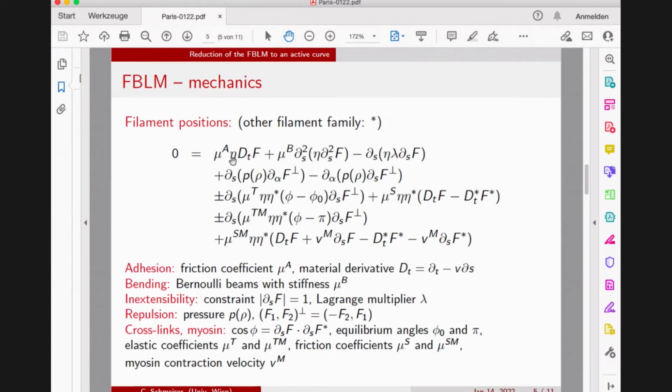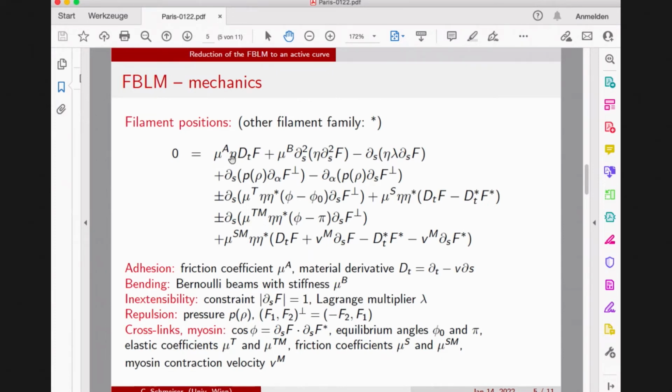So mu A is the friction coefficient, and then there's also this eta here, and the eta is actually also a function of T, alpha and S, and it can be seen as a density in the Lagrangian variables. And actually, the F, as I said, is the main unknown concerning the mechanics of the problem, filament positions. The eta is actually the second main unknown of the problem, but it is connected more with the chemistry.